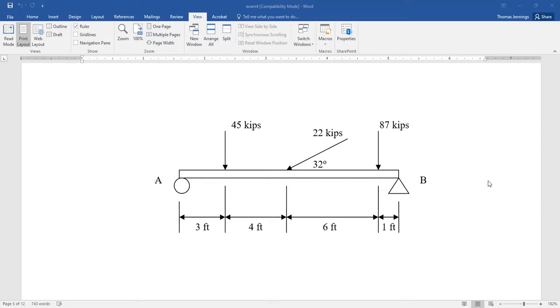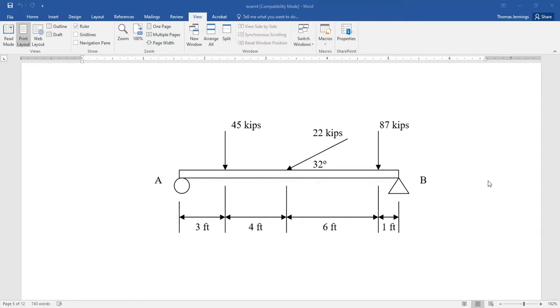Normally, we'd see a roller support on the right. Most of the example problems we did had a roller support on the right and a pinned support on the left, but this one is a little bit different. So don't be thrown by that. Just remember what you replace these things by in your free body diagram.